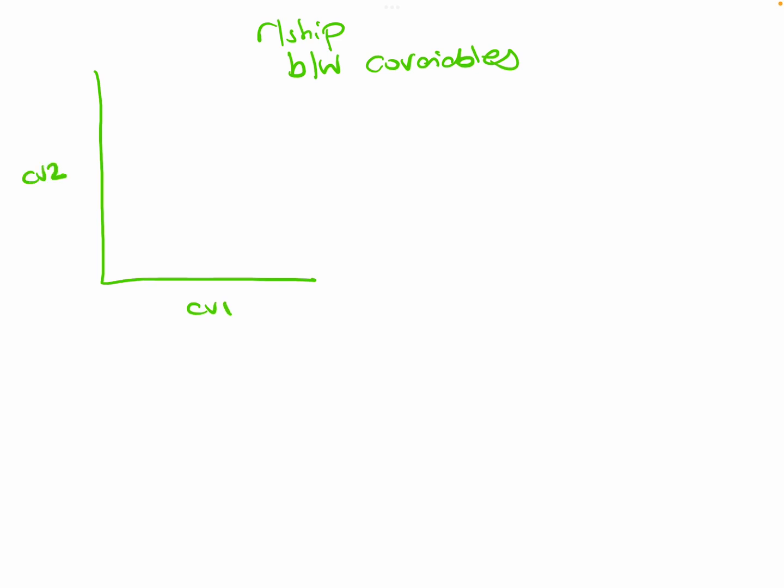So we might be looking at the relationship between hours spent revising and the percentage that you get on the exam. Here is covariable 1, here is covariable 2. And we're looking at the association or the relationship between those two covariables. There are differences between correlations and associations, but more on that much later on in the course.